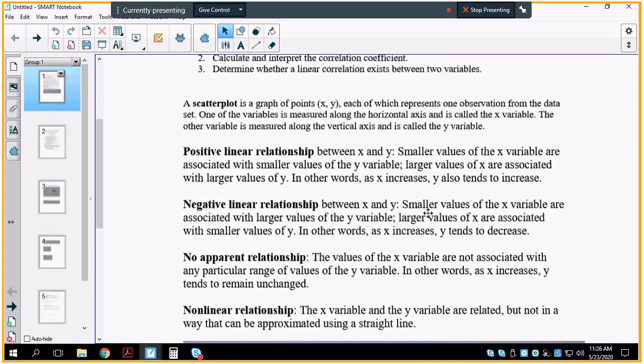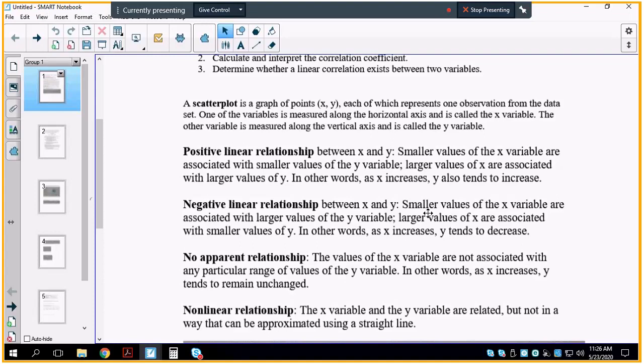If changing the values of x doesn't have any effect in the change of the values of y, or in other words, if y values remain uniform in the scatter plot, then we call that situation no apparent relationship.